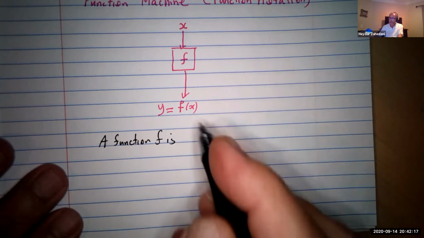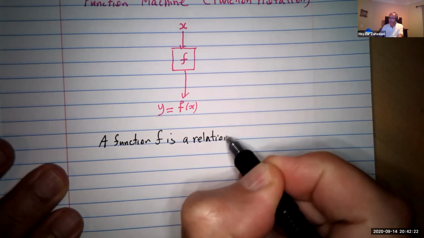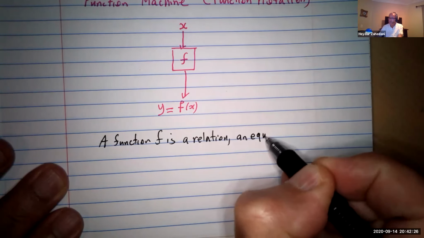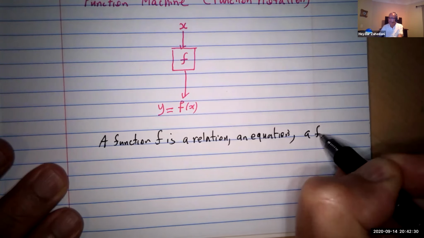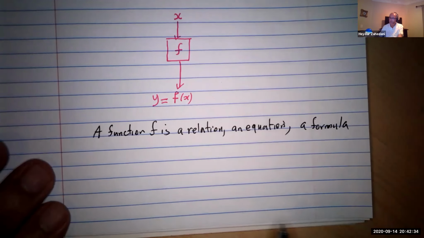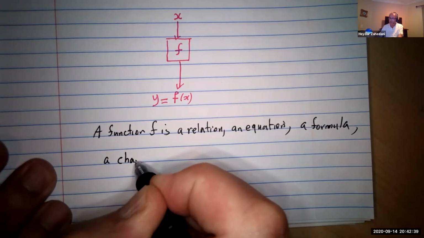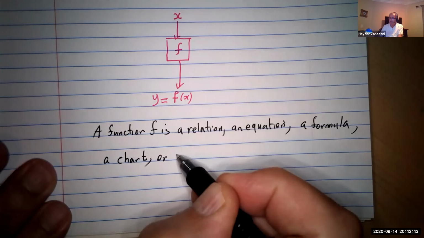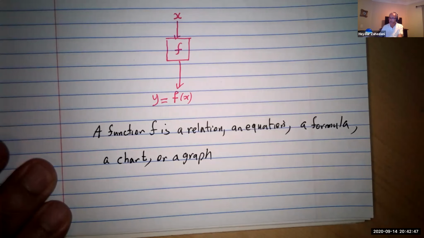That machine maybe is a relation, maybe an equation, maybe a formula, maybe a chart, like a Starbucks, Burger King, etc., or maybe a graph. These are all the possibilities for your machine.